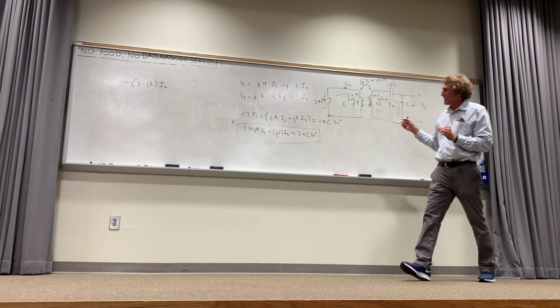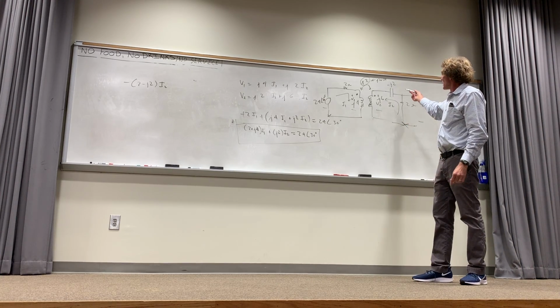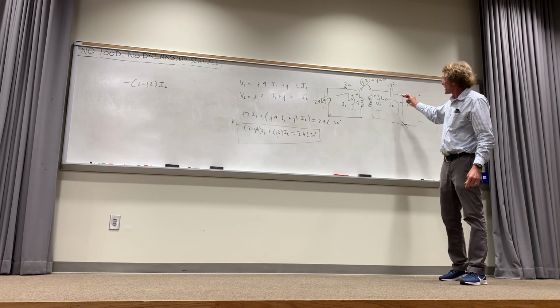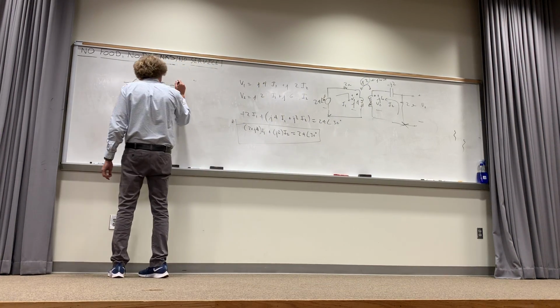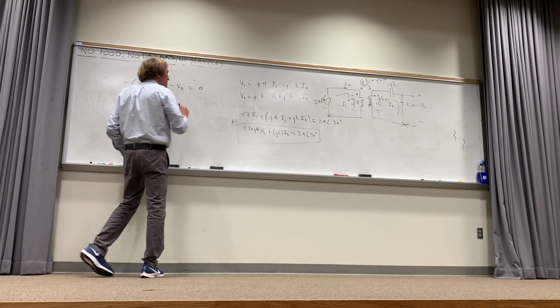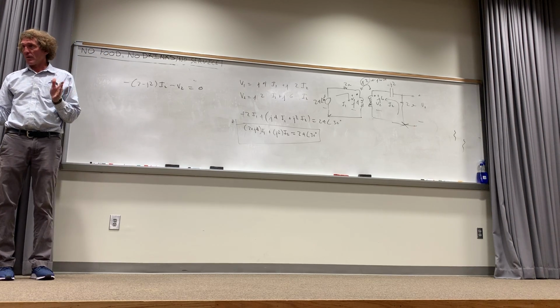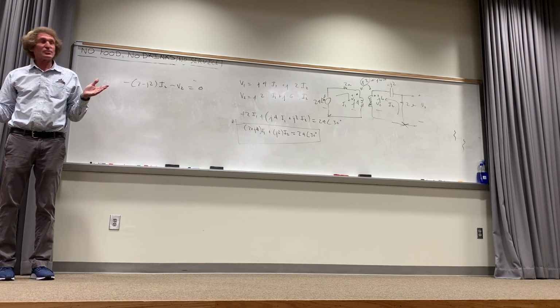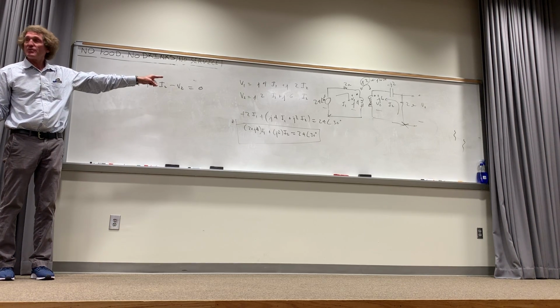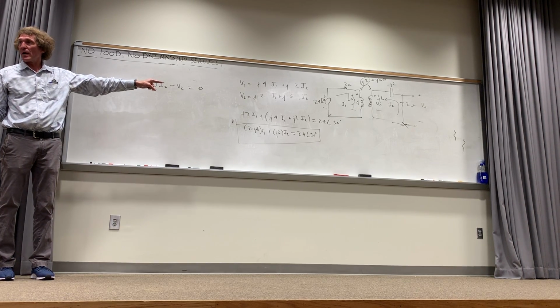Now, when I do this, I have minus 2 times 2 minus J2, and then I have minus V2. Please watch this. Minus V2 equals 0. Do you all agree with that? What is V2 going to be? Just look at it. V2 is that, isn't it? I'm going to write it in the next line.